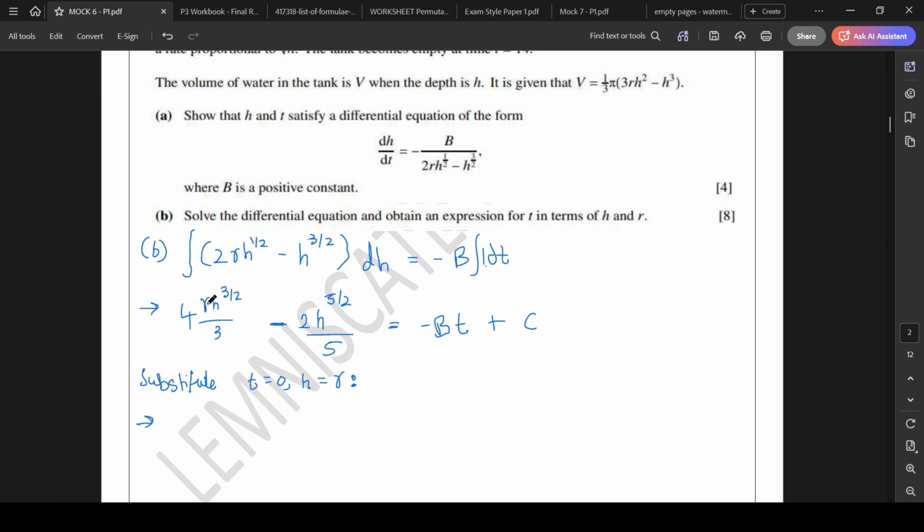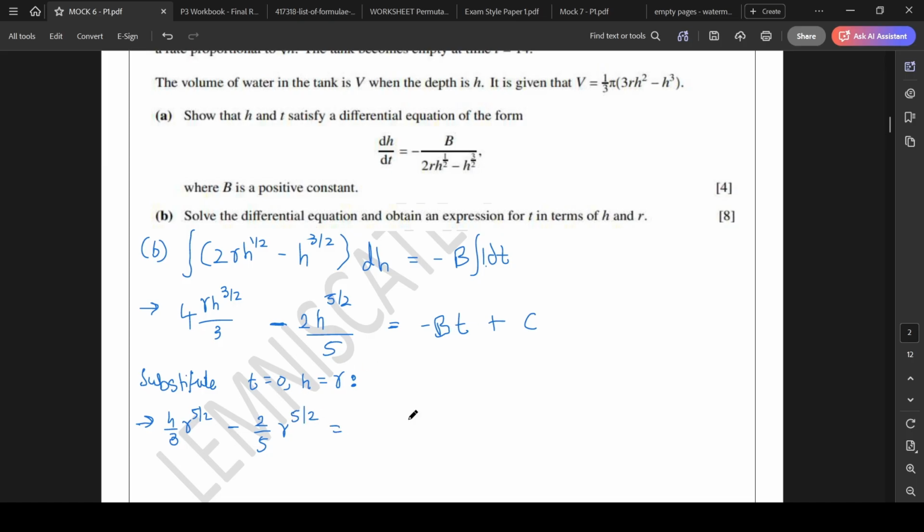So if my h becomes r, so this will become 4 over 3 r to the power of 1 plus 3 by 2, which is 5 by 2, minus this will become 2 over 5, and then r to the power of 5 by 2.